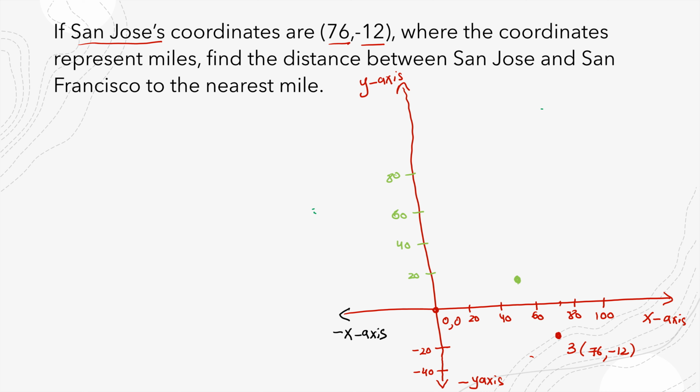So that was our point 1 of 53 and 17, and our point 2 was lying somewhere around this point, 128 and 78.